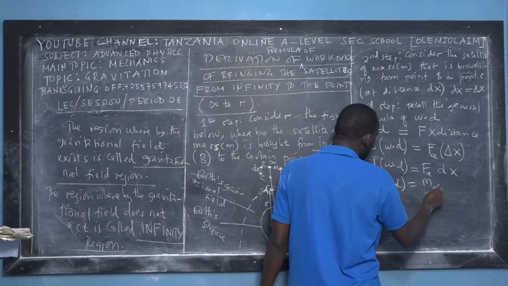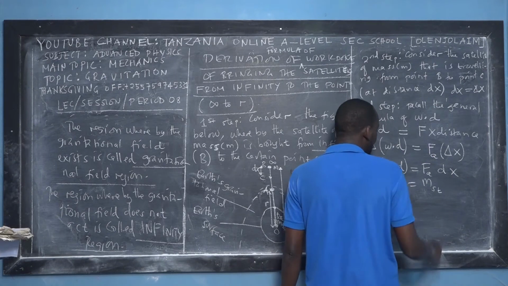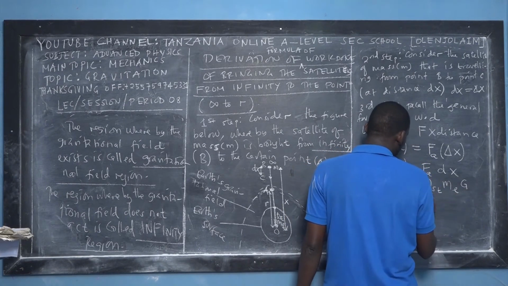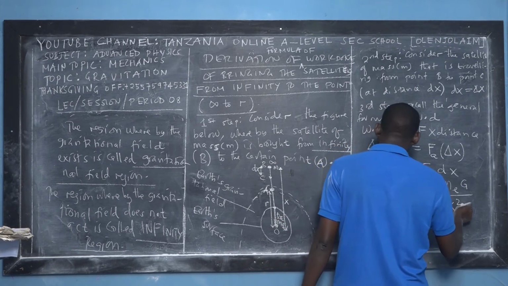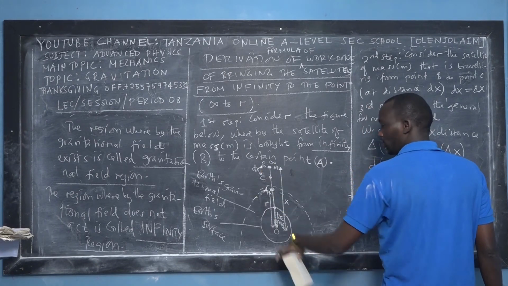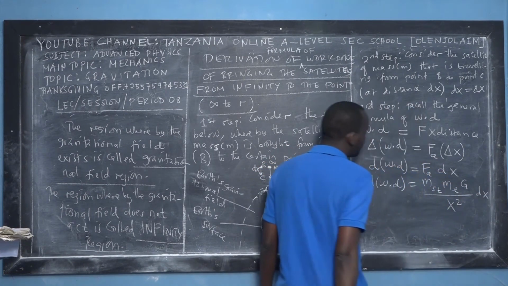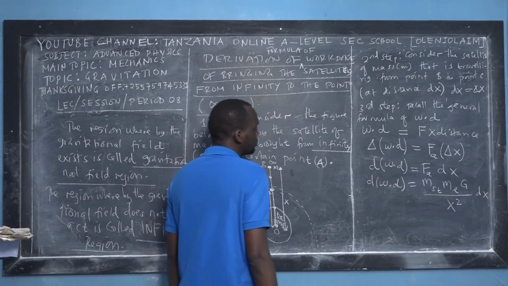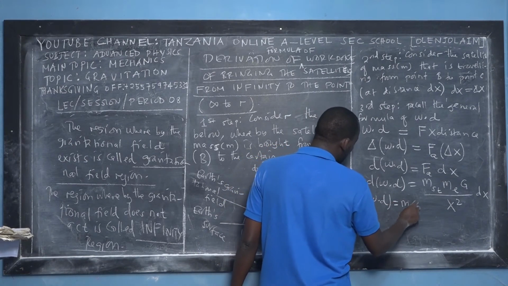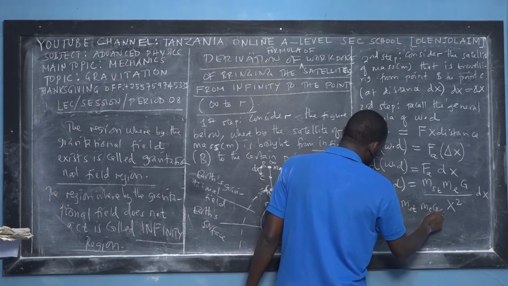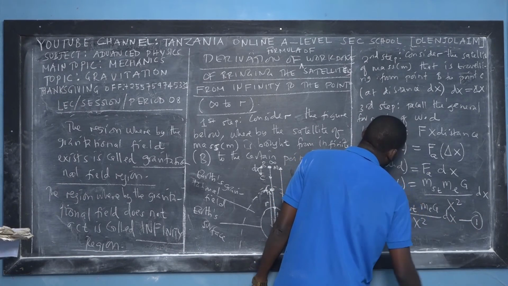It is equal to the mass of the satellite, because the satellite is attracting with the S, times the mass of the S, times the universal gravitational constant, divided by the radius, or mean distance, which is x squared. x is the distance from point B to point O. Then we multiply with the small distance that has been moved, dx. That's a very important mathematical relationship: work done is equal to the mass of the satellite times the mass of the S times the universal gravitational constant, over x squared, times dx. This is one of the equations.